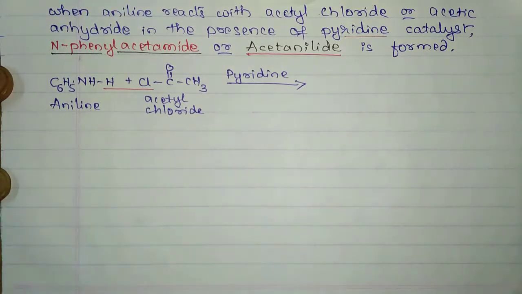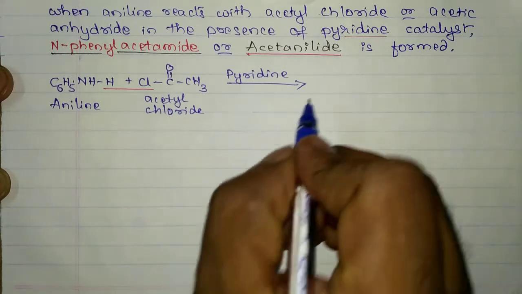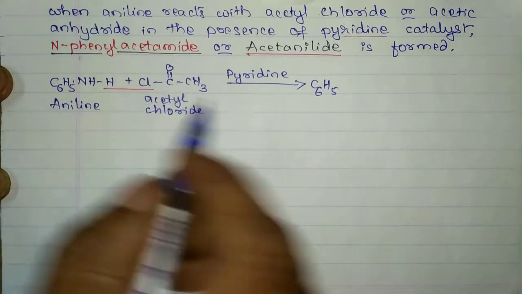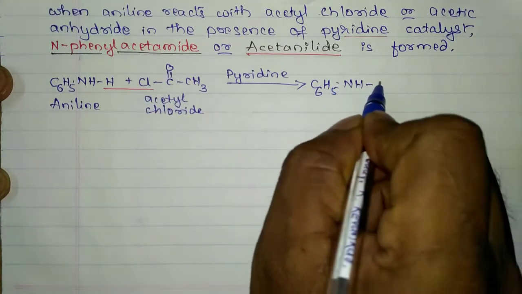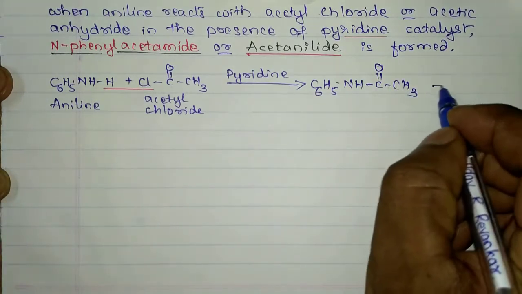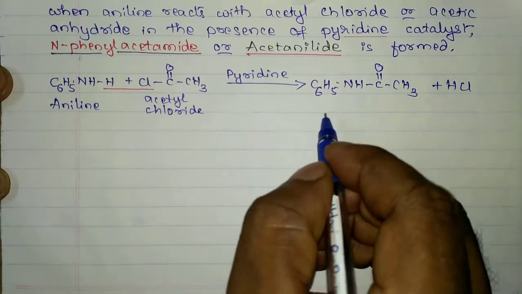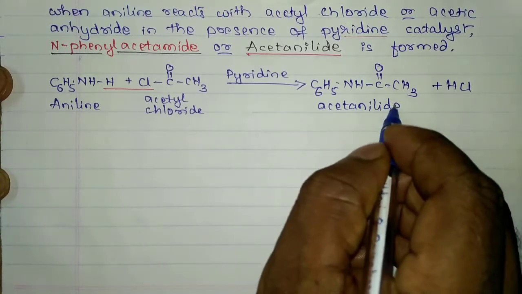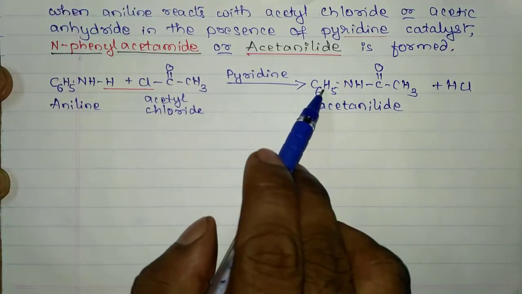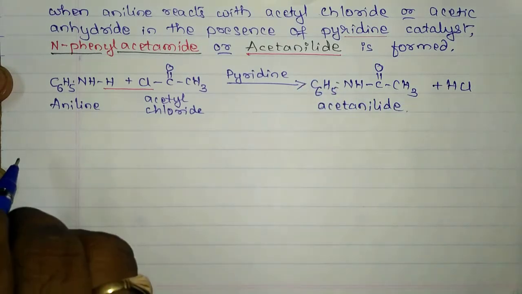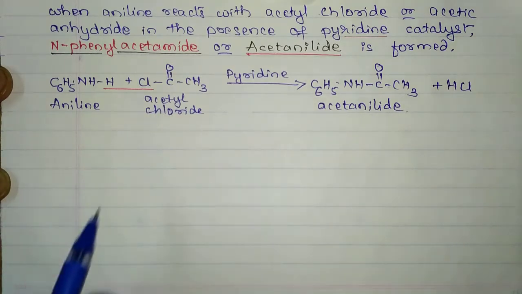You are going to get acetanilide, C6H5NHCOCH3, plus HCl. This is acetanilide. Another name is N-phenyl acetamide. Now we'll discuss the reaction with acetic anhydride.